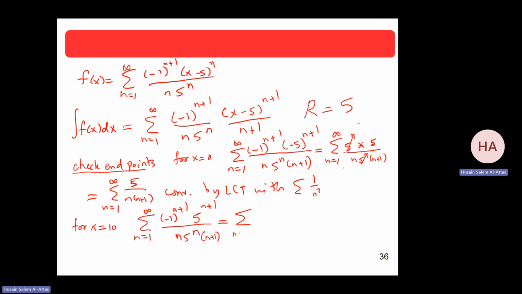That will be summation n equals 1 to infinity, minus 1 to the power n plus 1, times 5. The 5 to the power n will be gone, over n plus 1. This converges by the alternating series test, AST. It goes to 0 and decreases. Very clear.